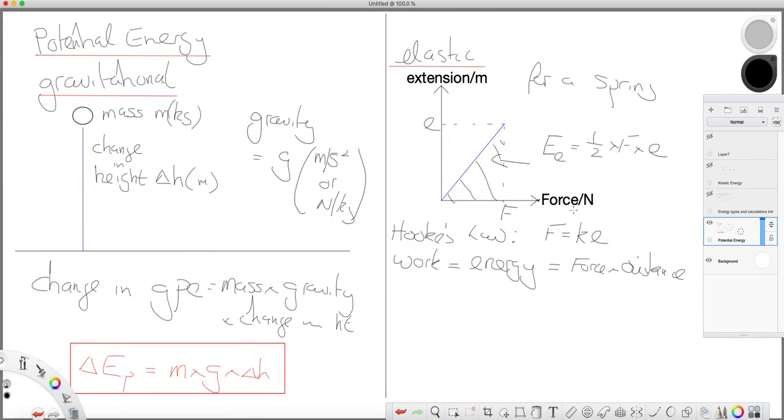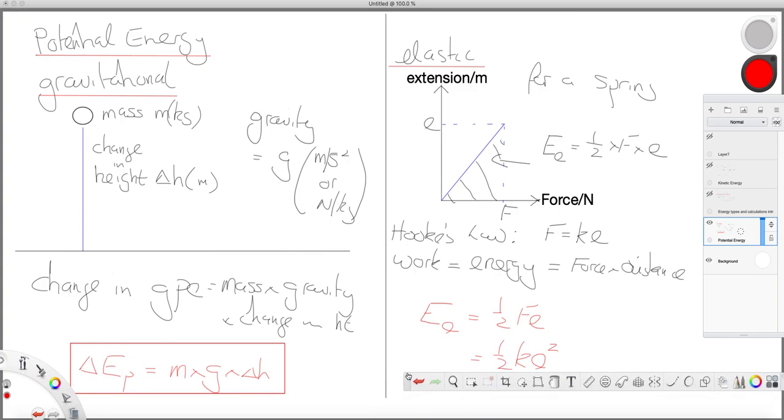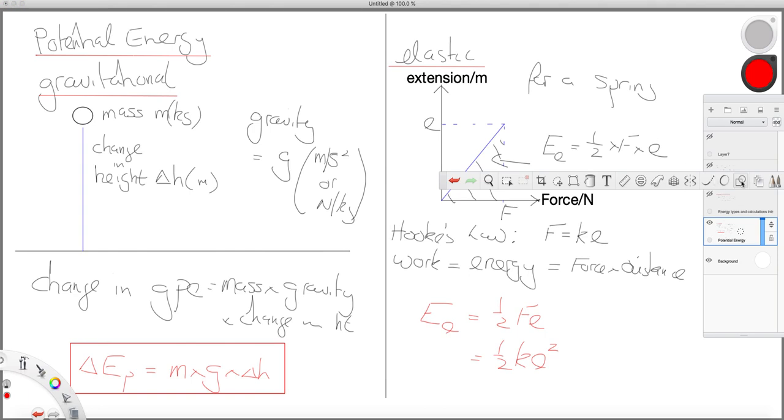And of course, we could then substitute k times e in here, and we'd end up with our elastic potential energy is a half F times e. If we put k e in there, then we'd get a half k e squared. So either of those two expressions is good for elastic potential energy.